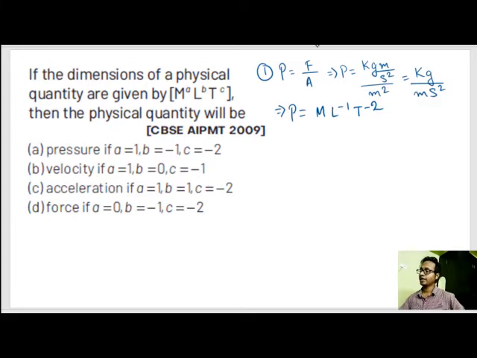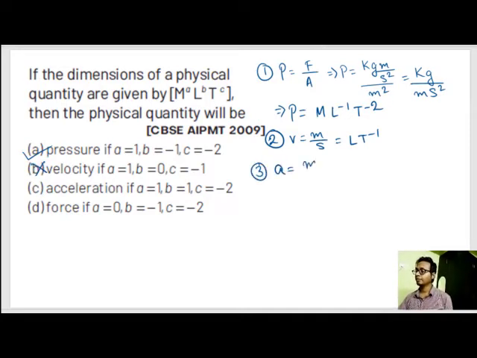Despite having obtained the correct answer, I'll still solve the other options. Option B is velocity. Velocity is meter per second, or L T to the power minus 1, or M to the power 0, so A is 0, B is 1, C is minus 1. So option B is incorrect. Option 3 is acceleration.